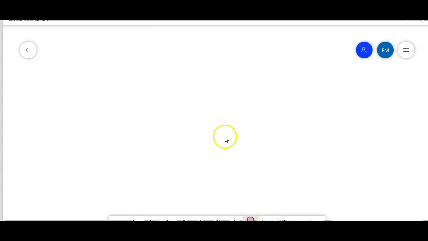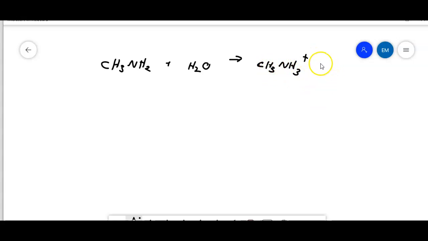We've been told that, let's say, methylamine, CH3NH2, is a weak base, and in water you will get a little bit of ionization to the ammonium ion and hydroxide ion, but this does not go very far.